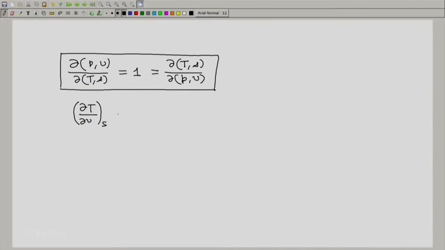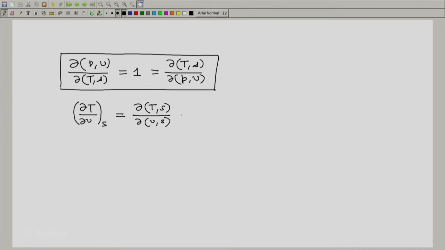First what we do is write this as partial of T and S with respect to V and S. That is, we convert it into the corresponding Jacobian form. Okay.